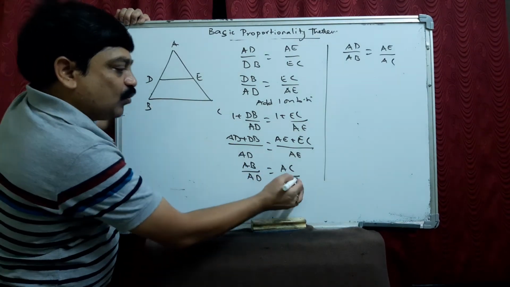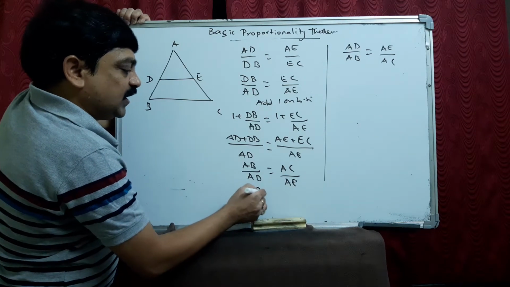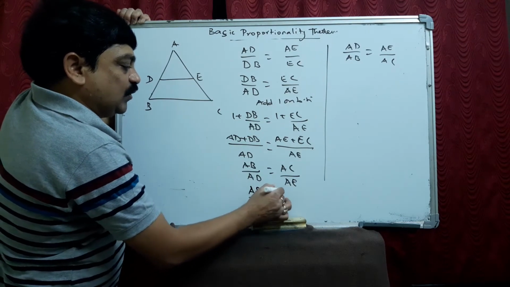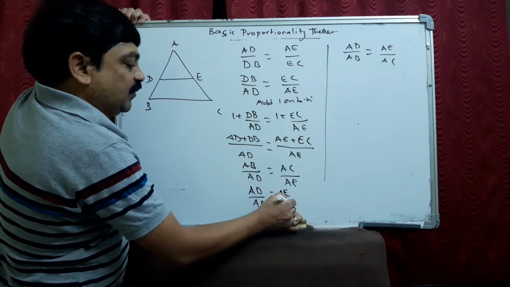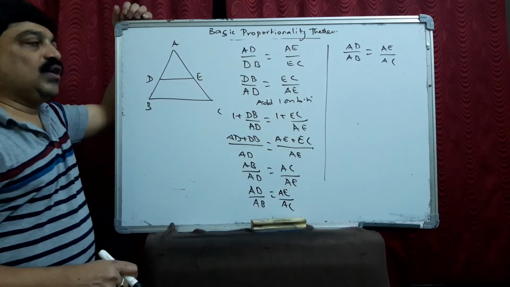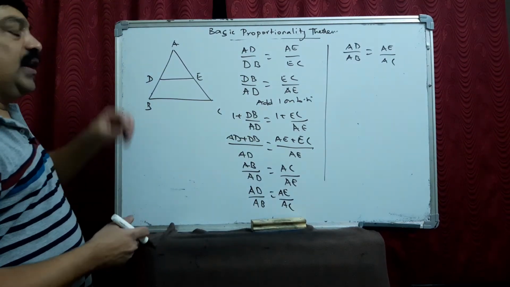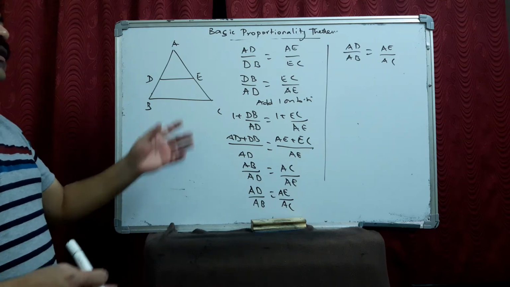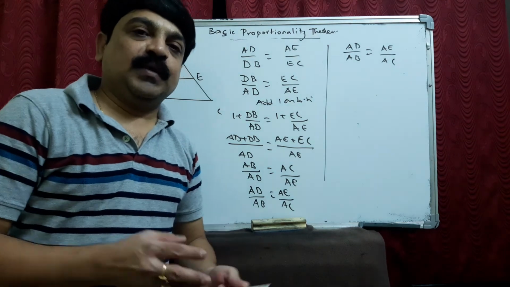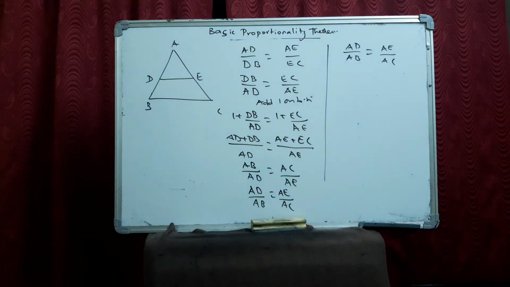Now take the reciprocal on both sides. It becomes AD by AB is equal to AE by AC. Every time you don't need to take the reciprocal and add 1 on both sides. Not required. Directly you can apply basic proportionality. This is just an extension of the basic proportionality theorem. We start the exercise now.